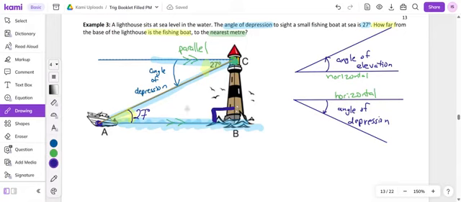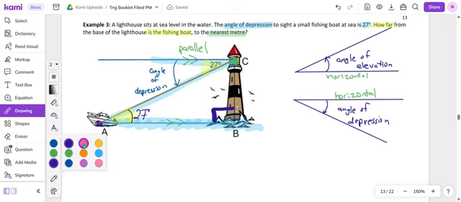Okay, so now we have two angles and we need one more piece of information.